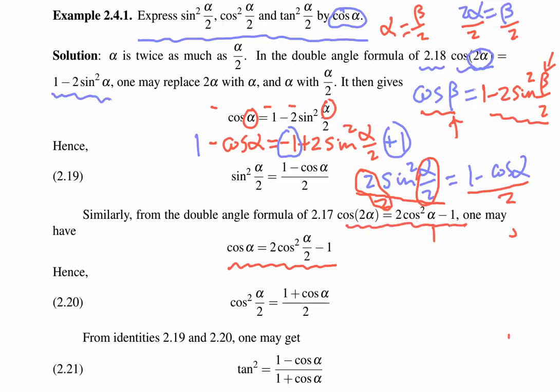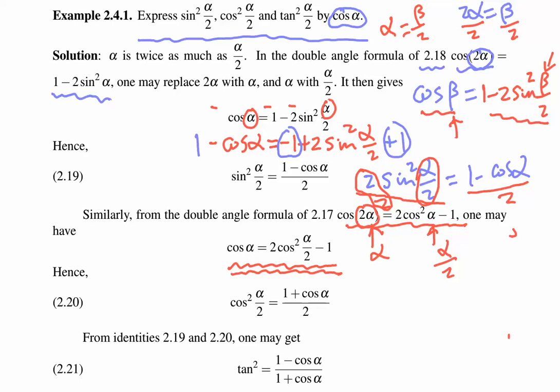Now, if you replace this one with half alpha, then this one will be alpha, because 2 alpha is twice as much as alpha, and alpha is twice as much as alpha over 2. So basically we get this one easily. It's not really that hard.